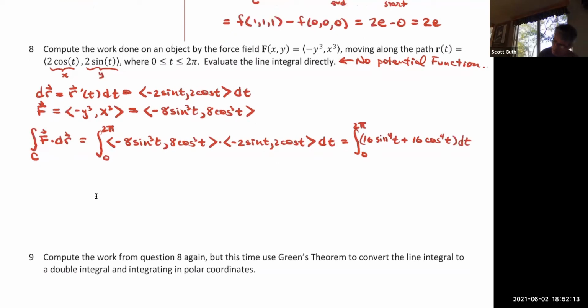And so for sine to the fourth, remember sine squared t is 1 minus cos 2t over 2, and cos squared t is 1 plus cos 2t over 2.